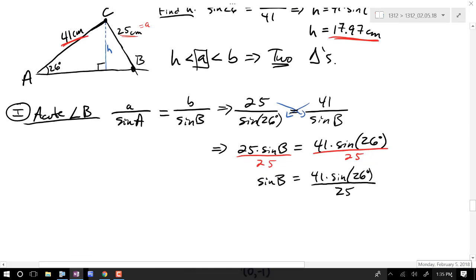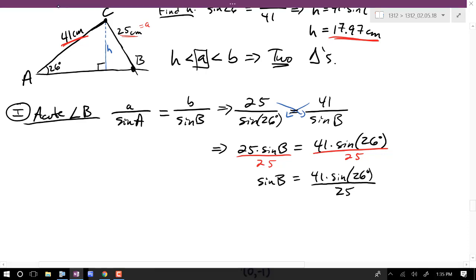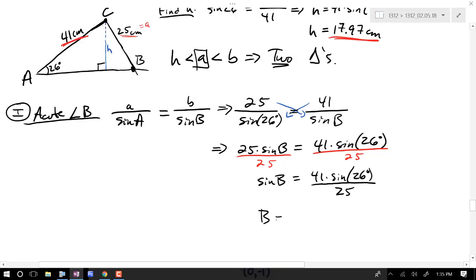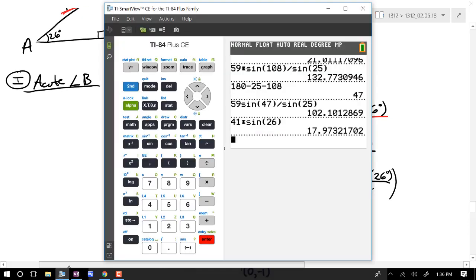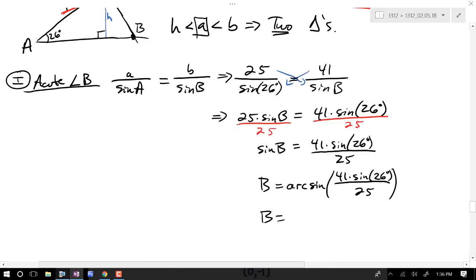And since we know what sine B is, we just use arcsine to get angle B. Divided by 25.